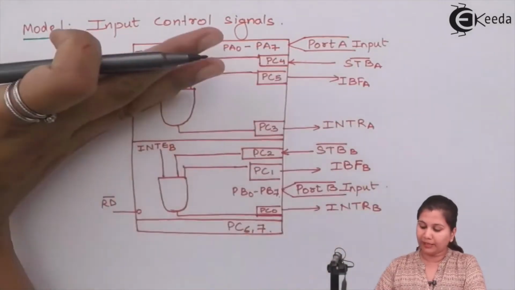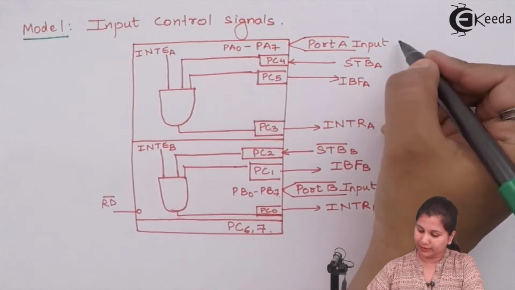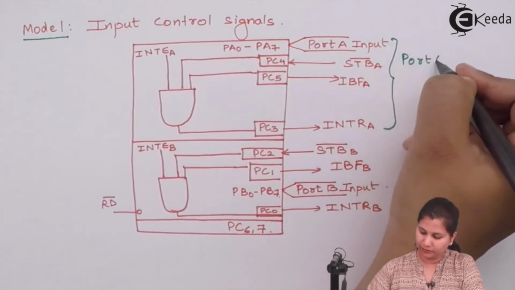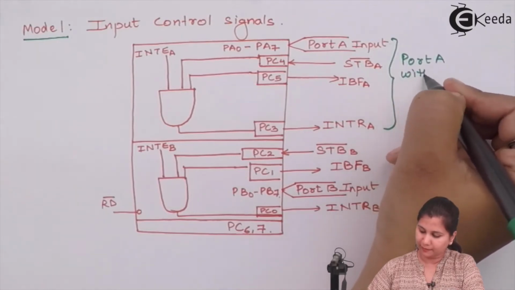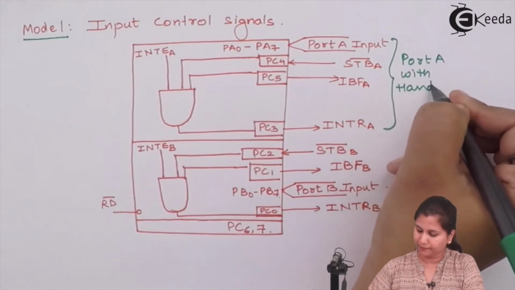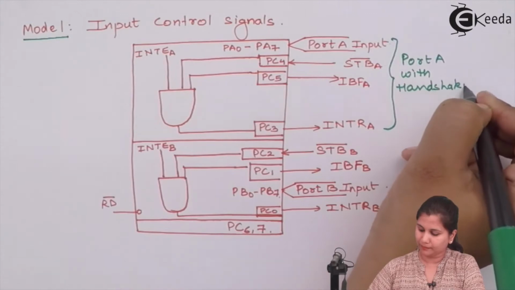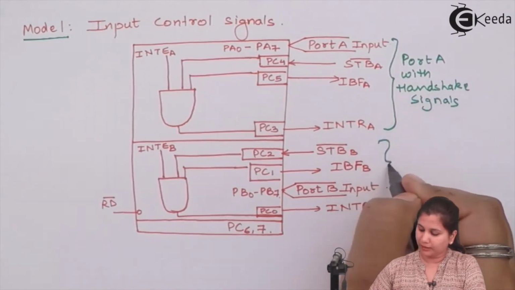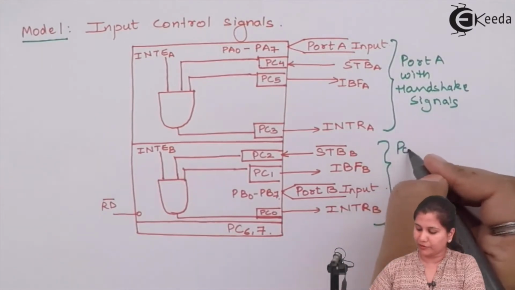The upper part is for port A with handshake signals, and the lower part is for port B with handshake signals.